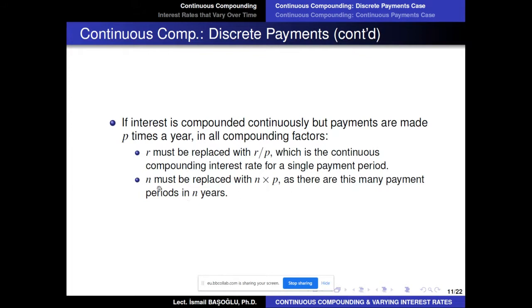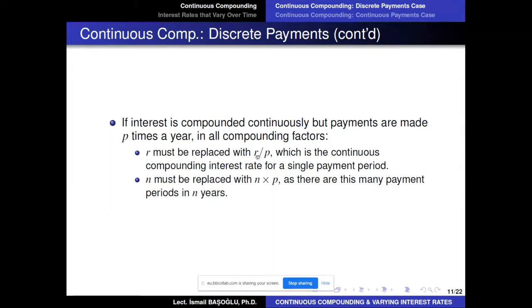And of course, if the payments are made in these periods, then we need to count the number of payments made in the investment horizon. If the investment horizon consists of n years, and in each year p payments are made, then in total n times p payments will be made in this investment horizon.